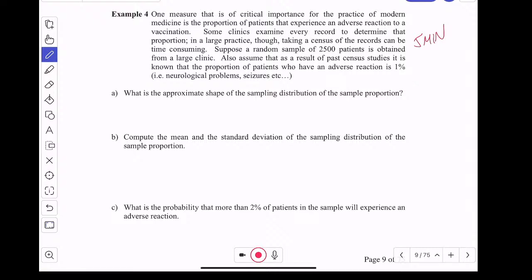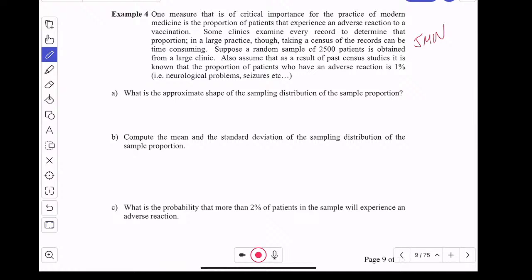Also assume that as a result of past census studies, it is known that the proportion of patients who have an adverse reaction is 1%. That's pretty high. I just made this up. This is an old question.